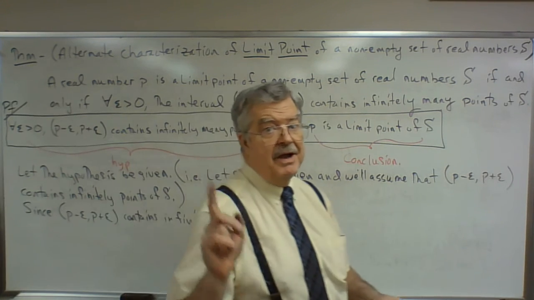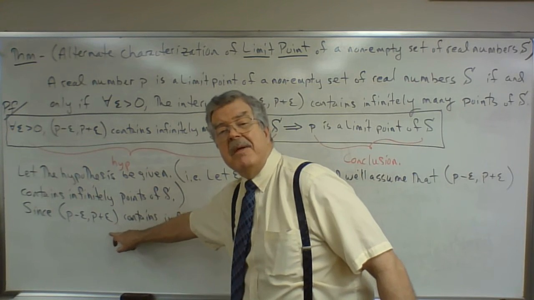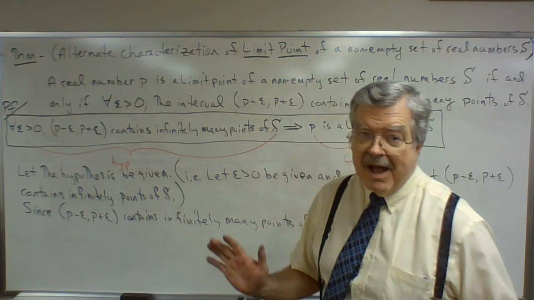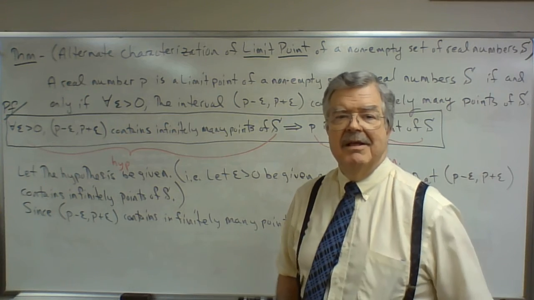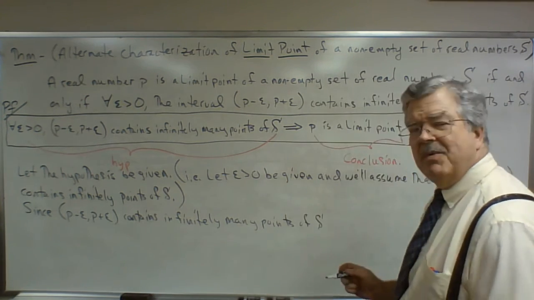At most one, right? Which means that all of the other points, infinitely many of them, are not equal to P. So pick one. Pick one at random.